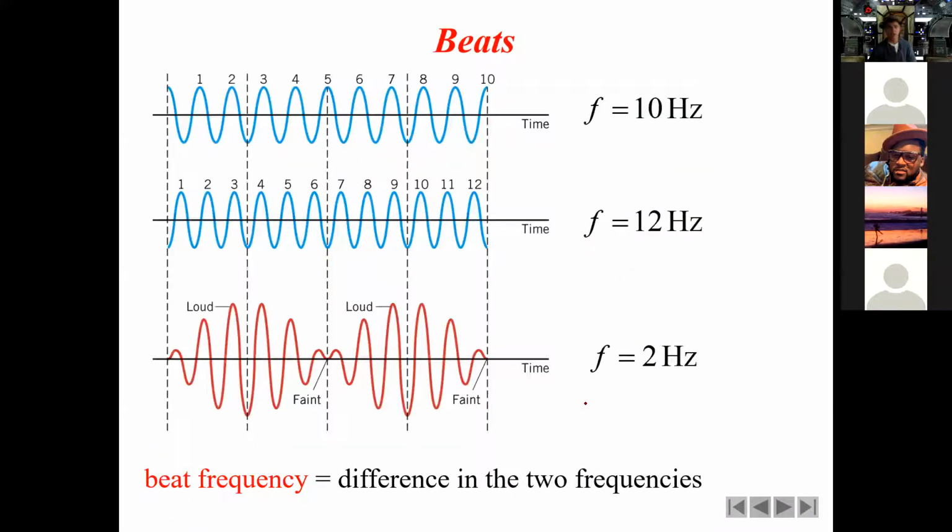So what I would hear, and a beat is this wong, wong. So here, if I had instead of 440 and 438, 10 hertz and 12 hertz, and I sounded them together, what I would hear is a beat frequency of 2 hertz. So I'd hear wah, wah, wah, and I'd hear 2 of those wahs every second.